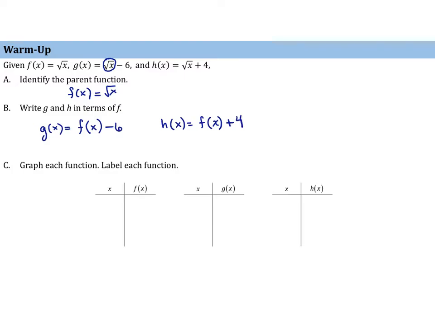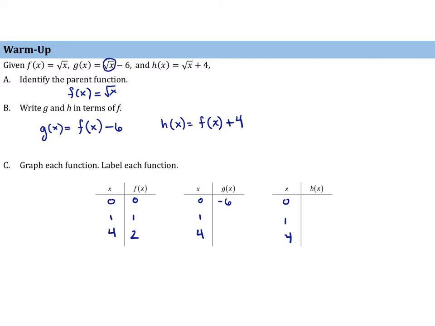So in each one of these, the inputs never change. So the inputs will still be the same as what we used for f. And again, those key x values for f are from our key points on our parent function. So now, whenever we look at g, if we plug in 0, we will get 0 minus 6.